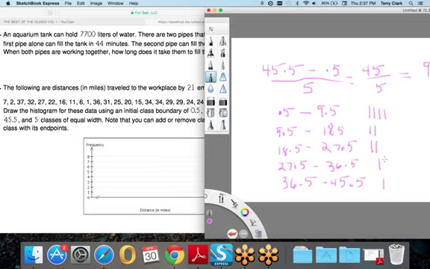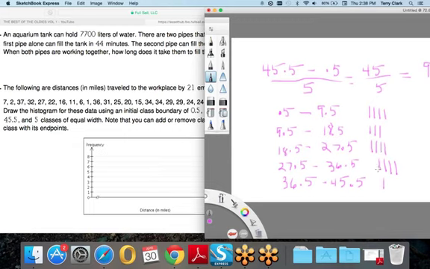36 is in between 27.5 and 36.5. 31 is in between 27.5 and 36.5. 25 is in between 18.5 and 27.5. 20 is in between 18.5 and 27.5. 15 is in between 9.5 and 18.5. 34 is in between 27.5 and 36.5.